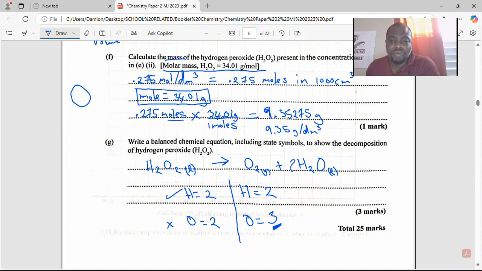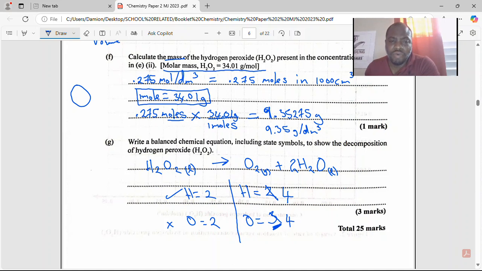But if I put the 2 here, it's 2 times the 1, which gives me 2 plus 2, which gives me 4. But remember, it will also affect your hydrogen. So 2 times this 2 gives us 4.